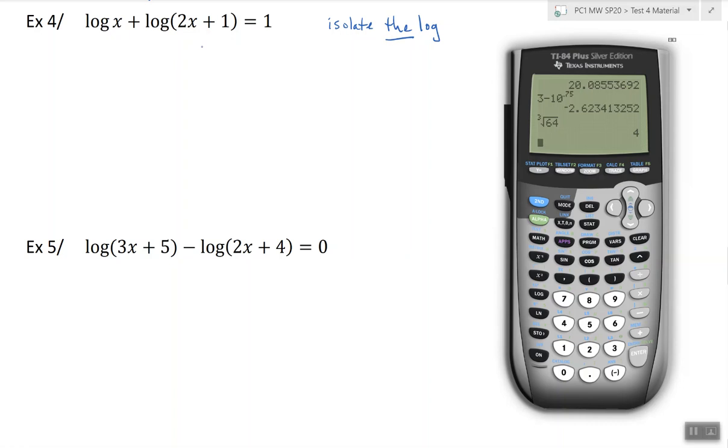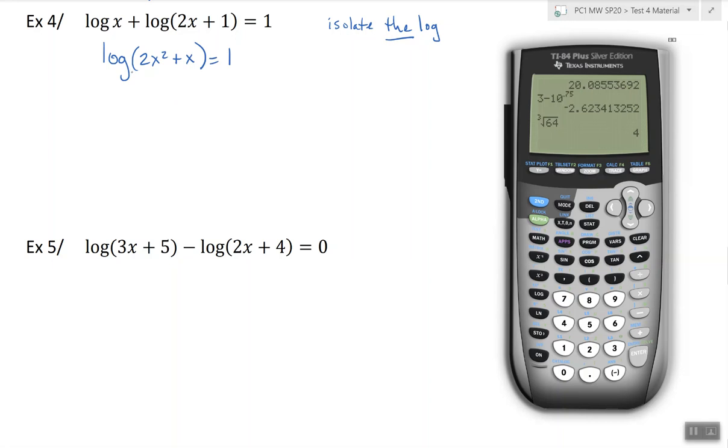We use our properties of logs and combine those logs. When you have 2 logs of the same base being added, then you can write it as a single log and multiply the arguments. Okay. Now that we have a single log isolated, then we can change to exponential form.